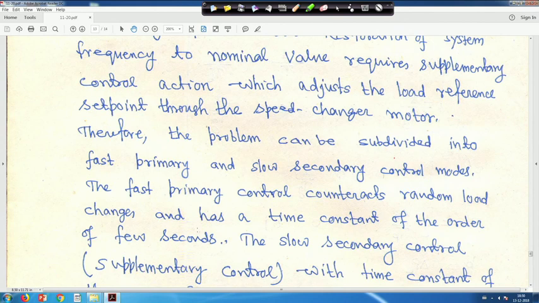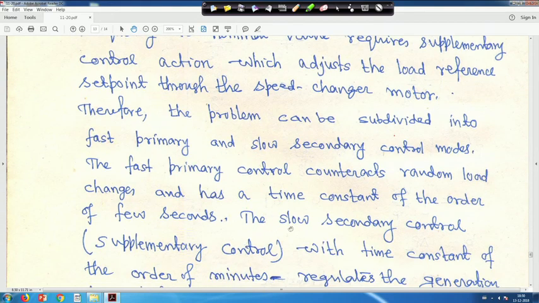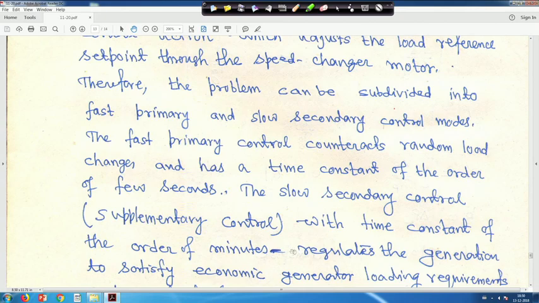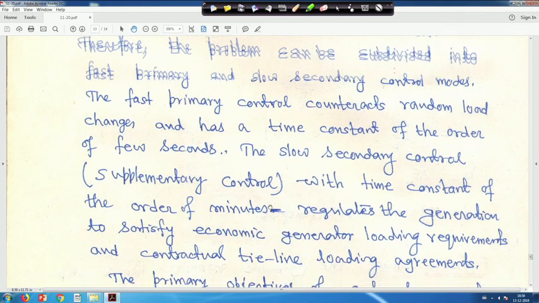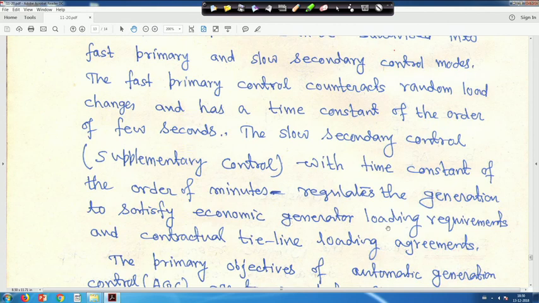The slow secondary control is a supplementary control with a time constant of the order of minutes. It regulates the generation to satisfy economic generator loading requirements and contractual tie line loading agreements, which we will see later.